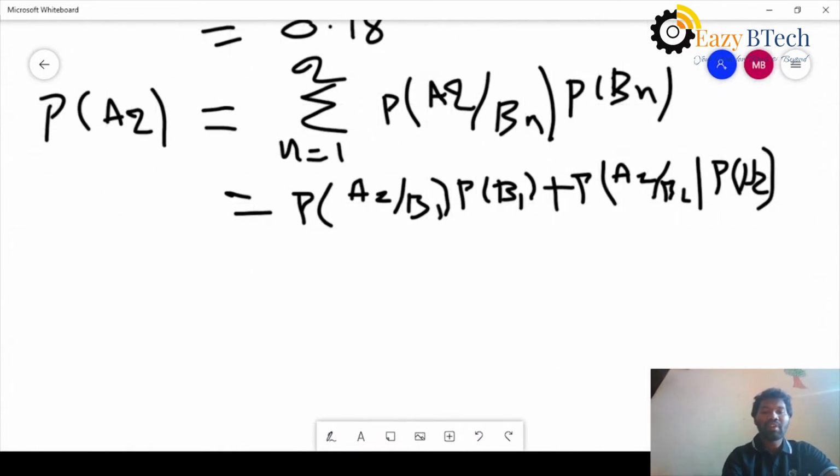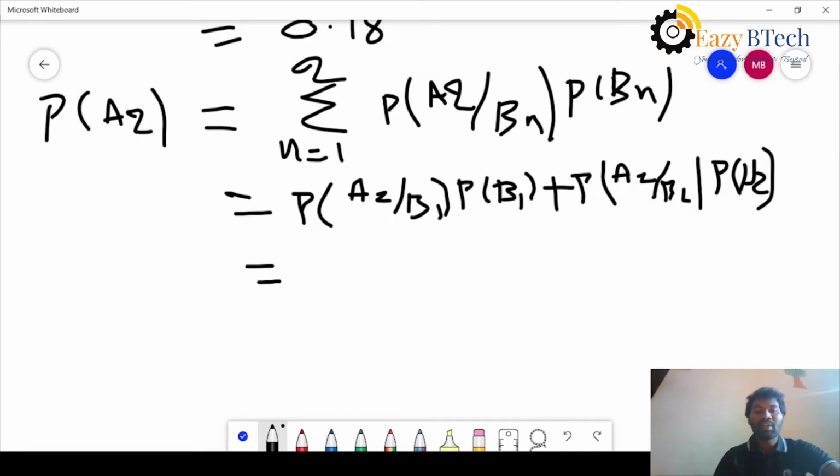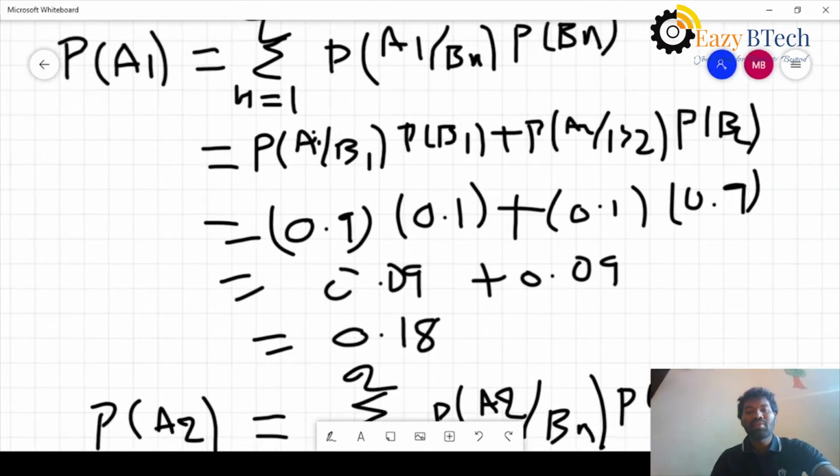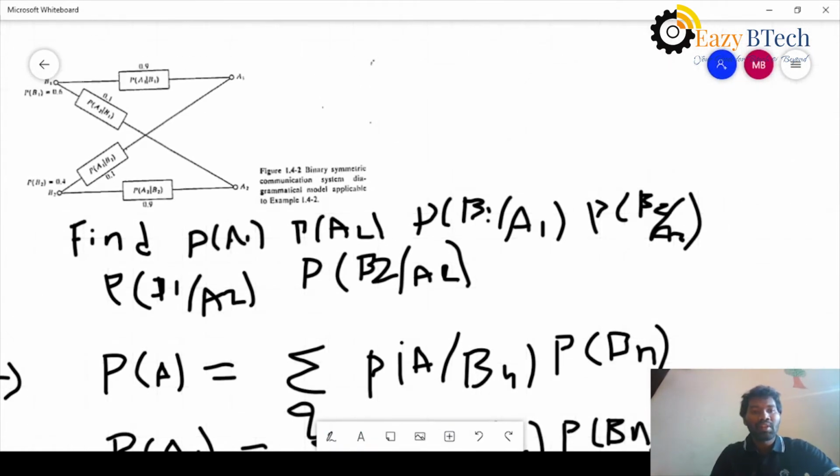We can find these four unknowns from the above figure. A2 given B1 is equal to 0.1 and A2 given B2 is equal to 0.9.